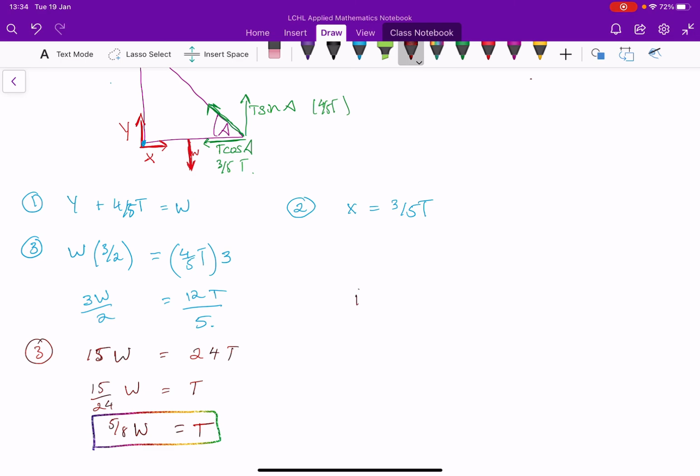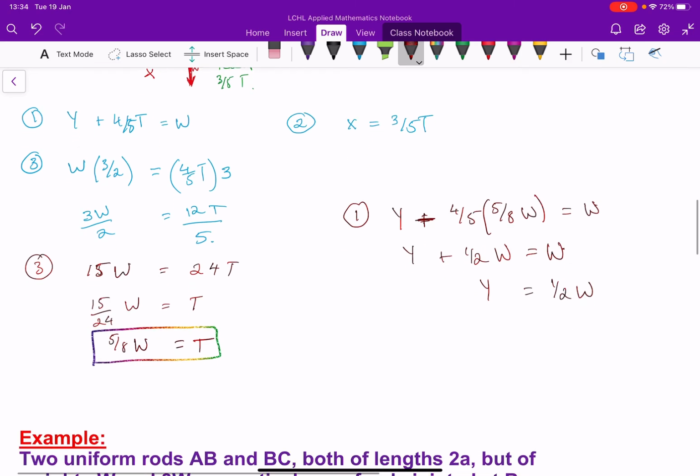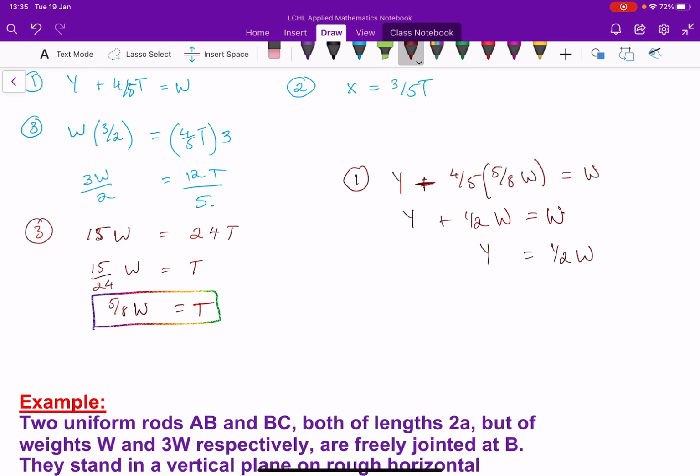Now I know what to put in for T. If I look at equation 1 again, Y plus 4 over 5T, which is 5 over 8W, is equal to W. So Y plus a half W is equal to W, so Y is equal to a half W. Then equation 2: X is equal to 3 over 5T, which is 5 over 8W, so X is equal to 3 over 8W.